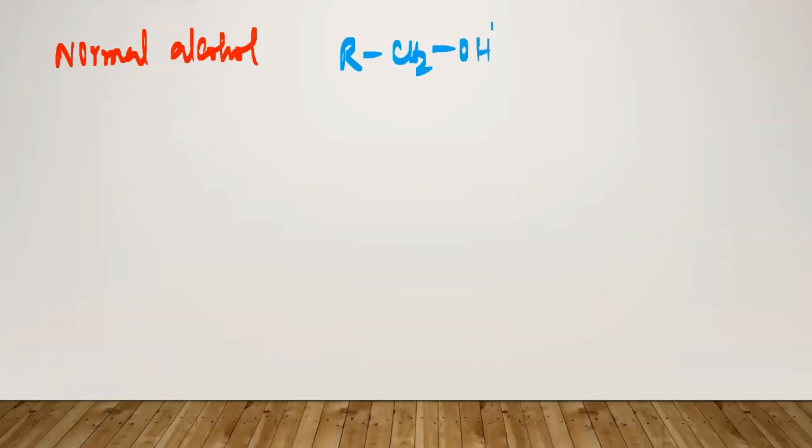So let us take a normal alcohol first. Now you are aware of a normal alcohol, its structure. It will be R, CH2, OH. So the OH group is present on an sp3 carbon right here. So it can be 1 degree, 2 degree, and 3 degree.